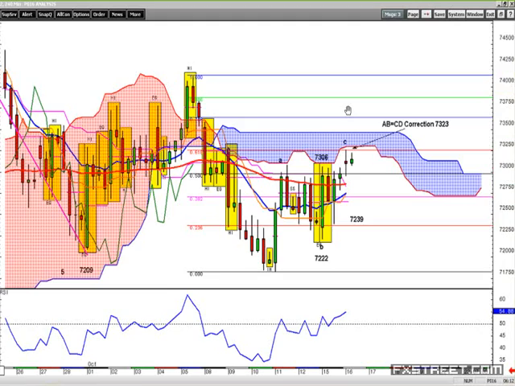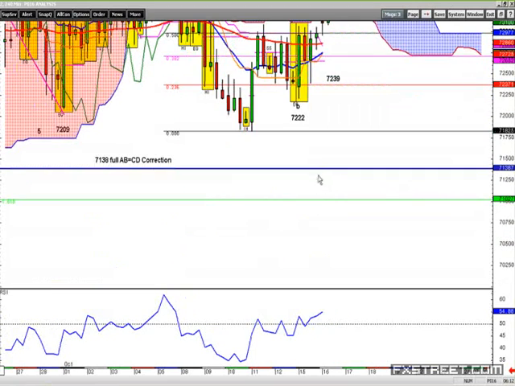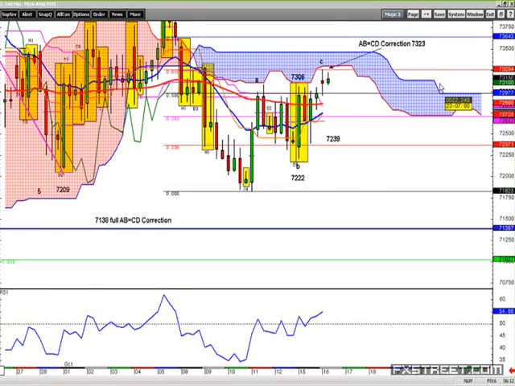The reward is all the way down here, 71.38. So what have I got? I've got potentially 200 points with a stop of 25-30 points. So the risk reward is good. Now on the 4-hour chart, it's showing indecision.